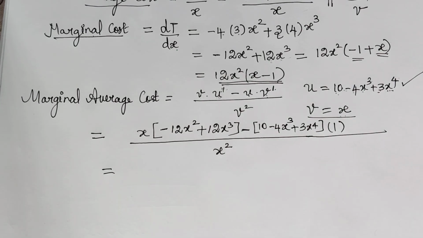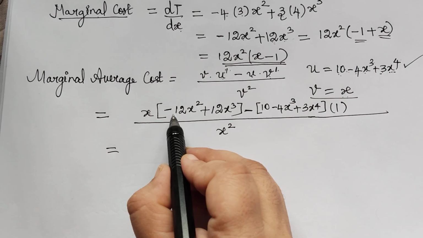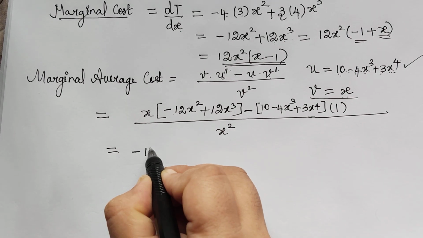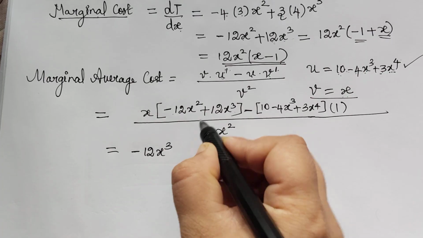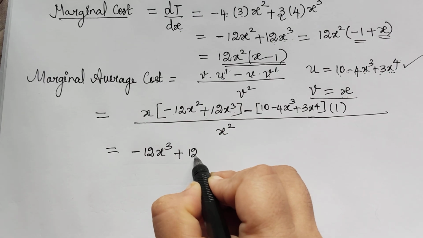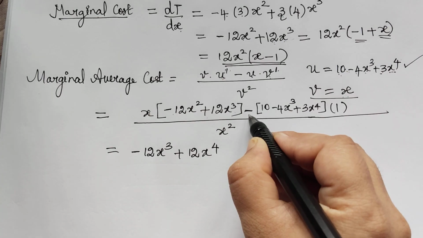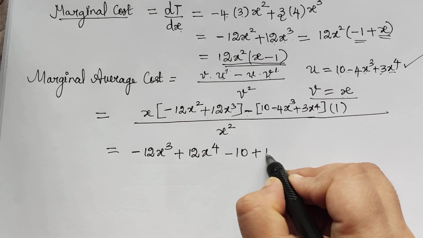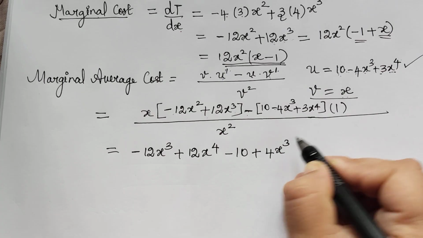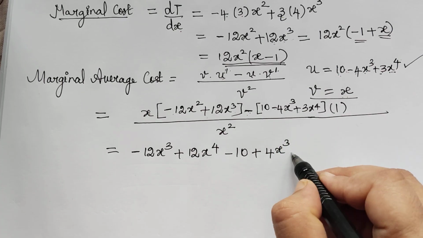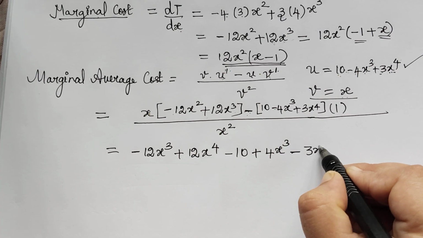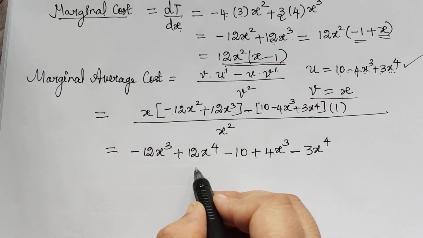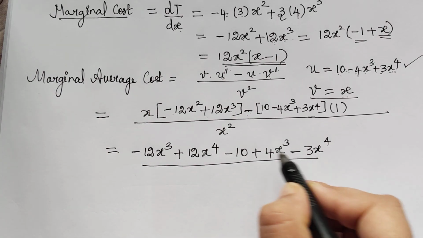So simplifying this, we have to multiply this x within the bracket, so it becomes minus 12x cube, and then plus 12x to the power 4, and then minus 10. Minus into minus becomes plus 4x cube, and then minus into plus, so minus 3x to the power 4, the whole divided by x square.